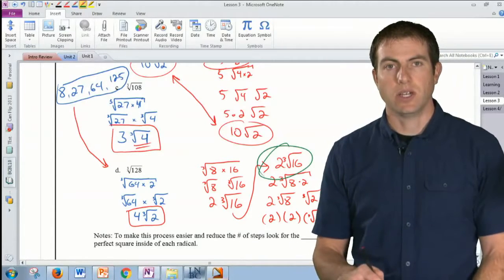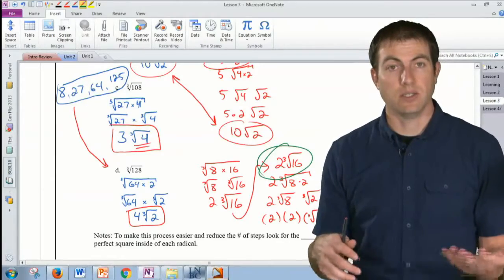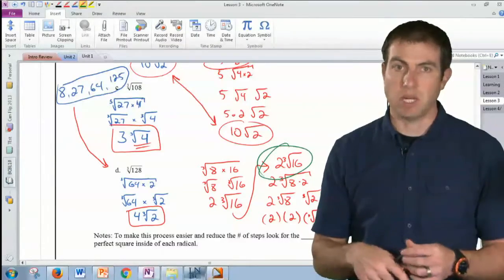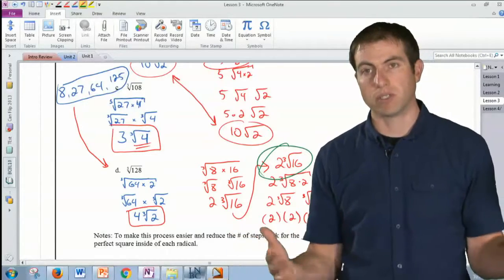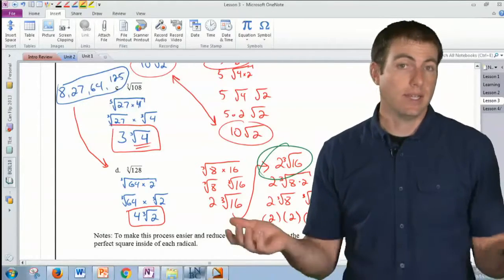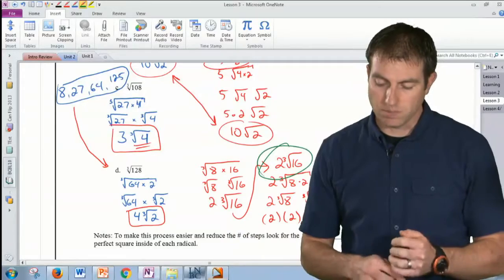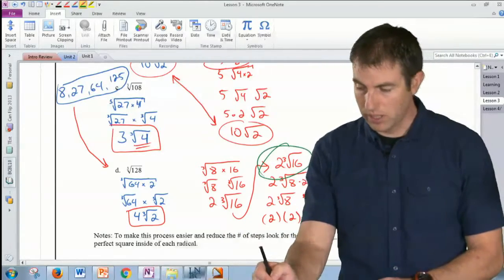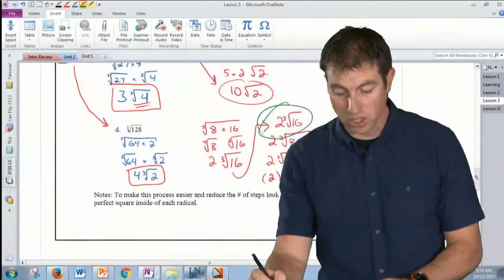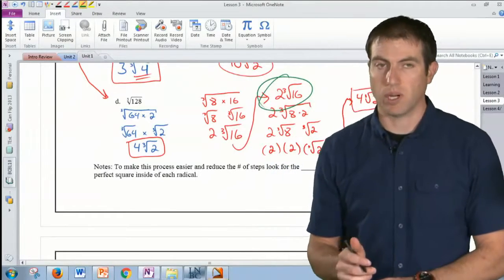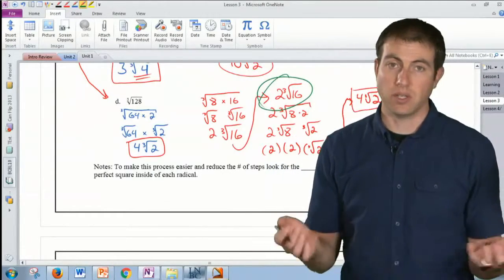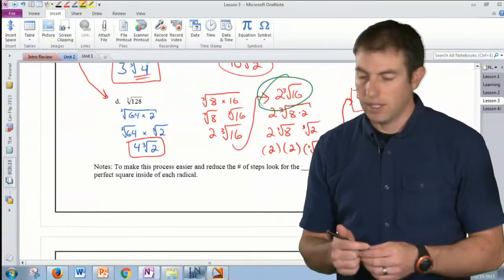So you kind of just need to do it again until you simplify it further. And then maybe you do it again and again until you get to a point where there's no other perfect squares or cubes that'll go into it. And at that point you're done. So I guess the important thing here is to just try to find the largest perfect cube or perfect square. If you don't find it, that's fine. You just do another step until you do find it.